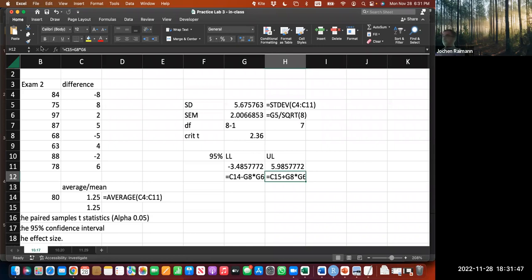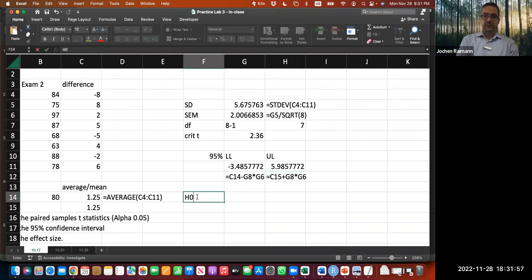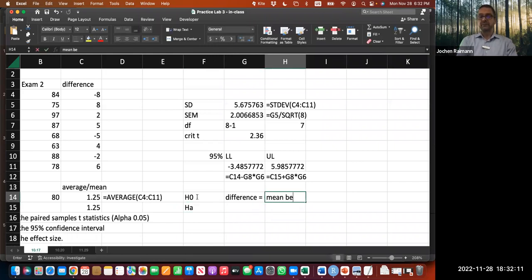It does contain zero. So your null hypothesis is, maybe I shouldn't have skipped that. H0 is your difference is zero, or alternatively, mean before equals mean after.